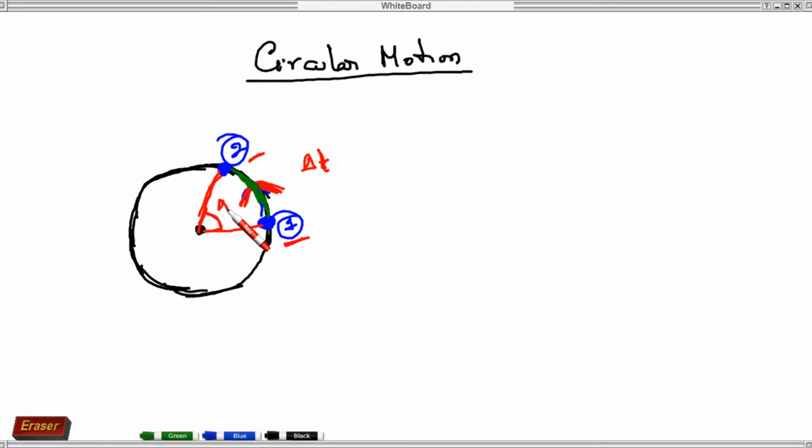And suppose delta theta is the angle that this car moved.